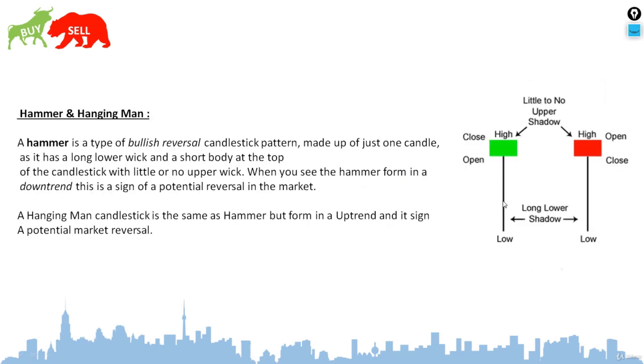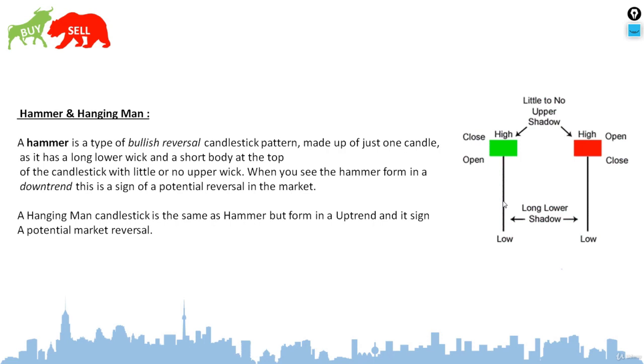In the second point, we are going to see hammer and hanging man. A hammer is a type of bullish reversal candlestick pattern made up of just one candle, as it has a long lower wick and a short body at the top of the candlestick with little or no upper wick.